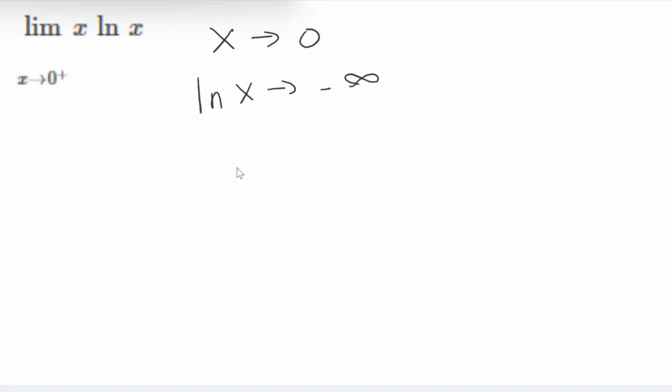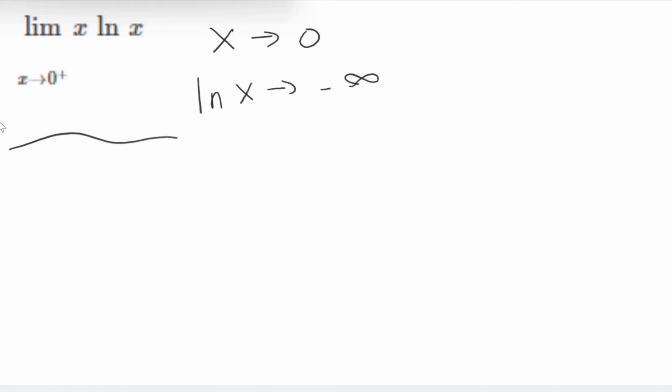So this is an indeterminate form with a product. So how can we use L'Hopital's rule when it only works with fractions? We need to make this a fraction before we can do the work.